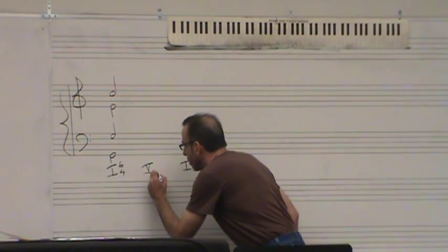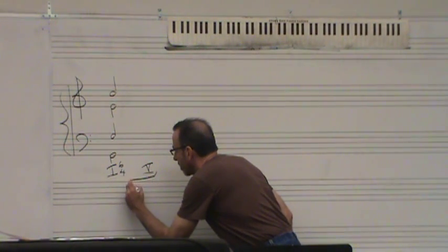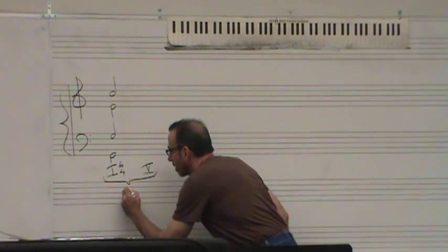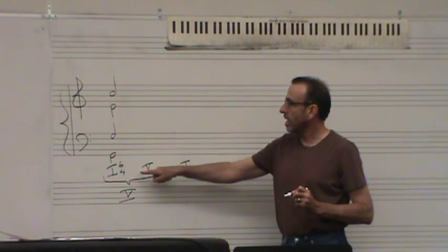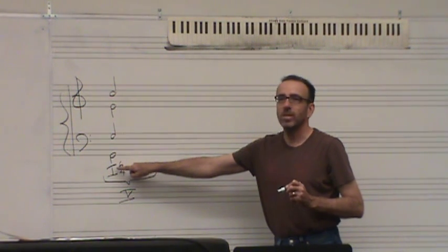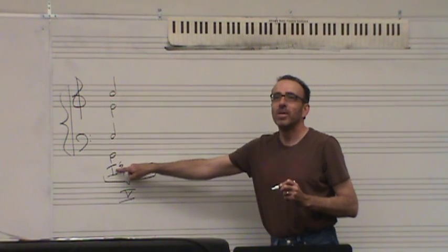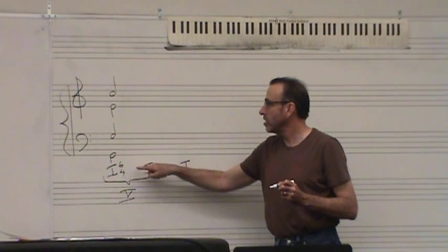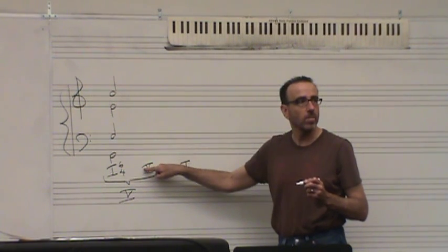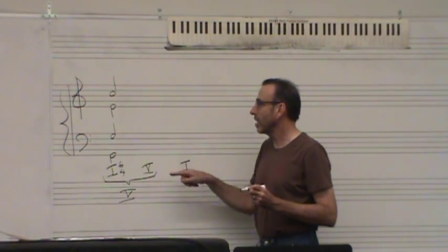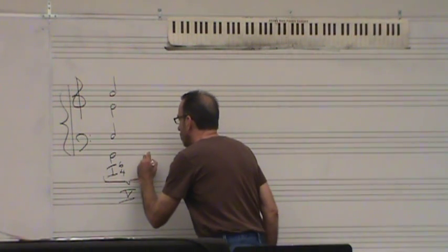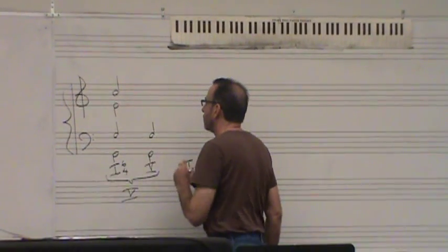And in the book, they bracket this together sometimes and label it all as a V, because what they're saying is this I 6/4, I don't want to say it doesn't matter, but in a way it doesn't matter, because it's really just telling you that the V is going to come. It's eventually going to resolve to the V and then become I. So it's what they call a delay of the dominant, which you're going to get eventually.